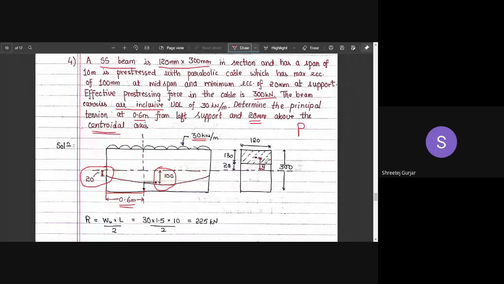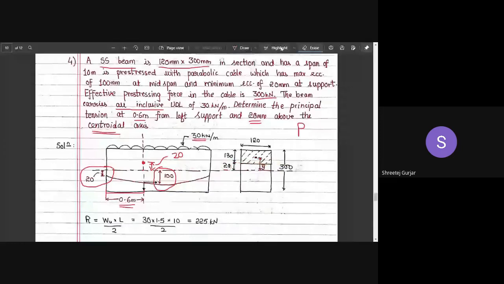You can see this 20 mm, meaning this is our point of interest or the plane of interest, which is 20 mm above the neutral axis. This is the point which we are interested in. In cross section, it will be visible in this format.